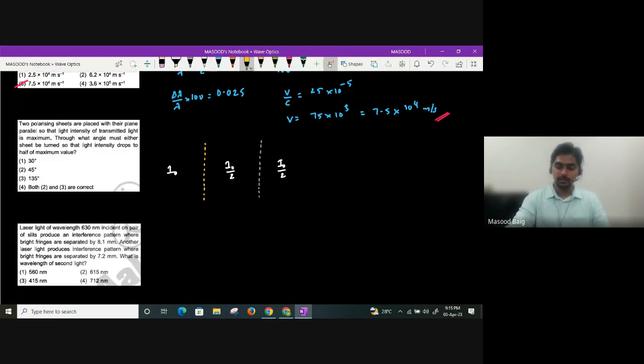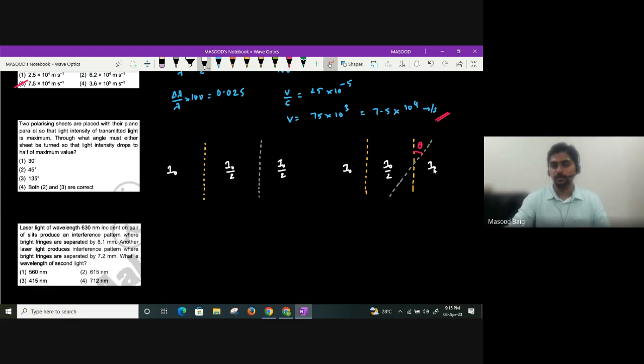Now what they are saying, if we are rotating one of the sheets, let us say I have rotated it by angle theta. Let us consider we have rotated the transmission axis of the analyzer by a certain angle theta. So what is the intensity I'm going to get here? This is I naught, unpolarized light. Here I'll get I naught by 2.